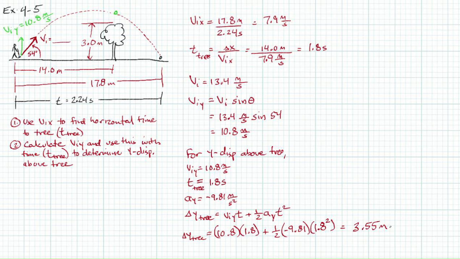Now the question actually asks how high above the tree it is, so technically let's answer the question. The tree is 3 meters. Subtract that from 3.55 meters. It clears the tree by 0.55 meters. And that's it.